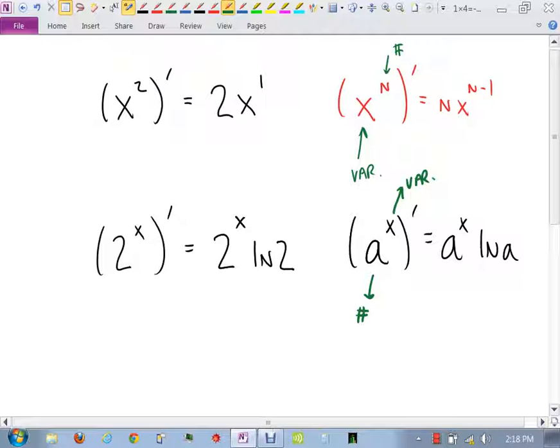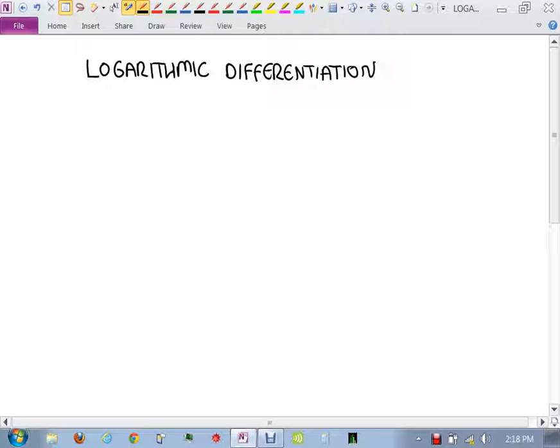Now, we're going to get into something that's really, really nice. It's called logarithmic differentiation. I'd like to motivate this whole idea by an example.